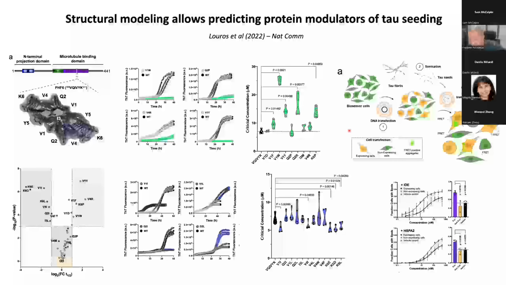And again, this is at the peptide level, but what Nikos did afterwards is using biosensor lines again with full-length proteins. So he expressed proteins bearing such homologous sequences to PHF6 again, and then added tau seeds.